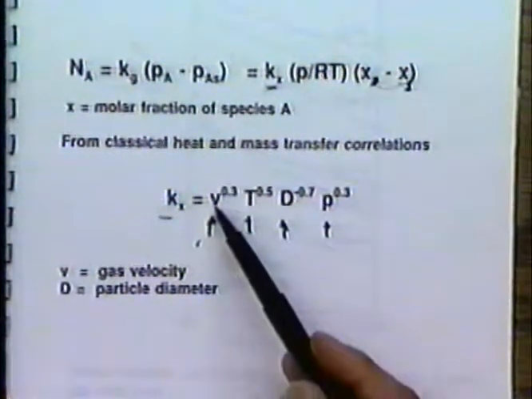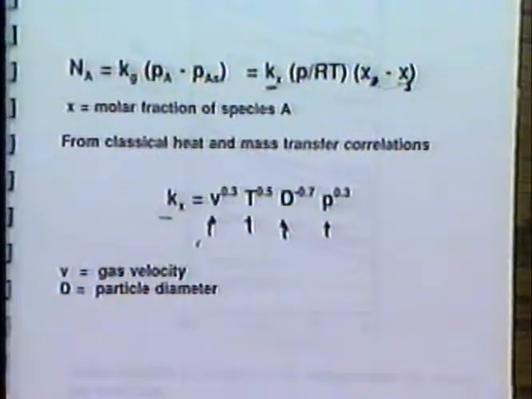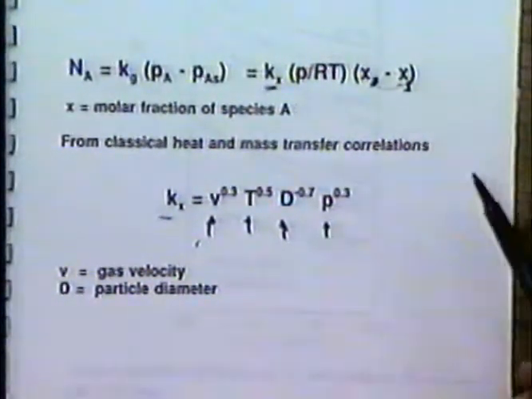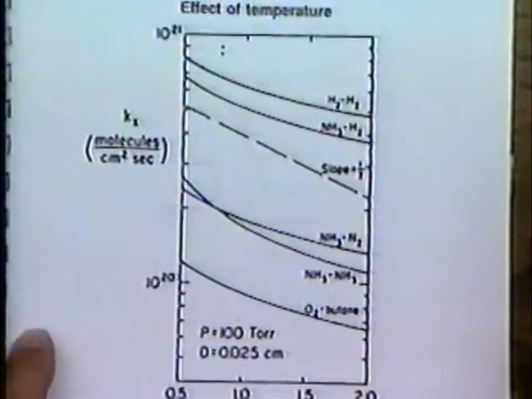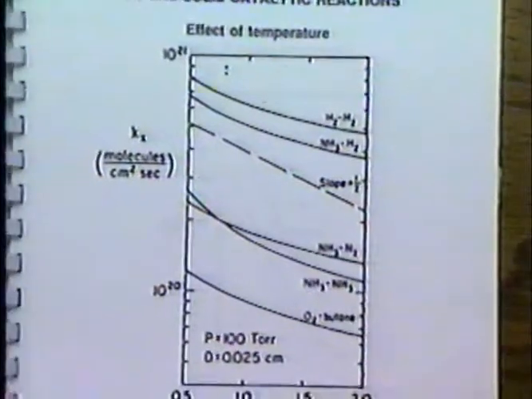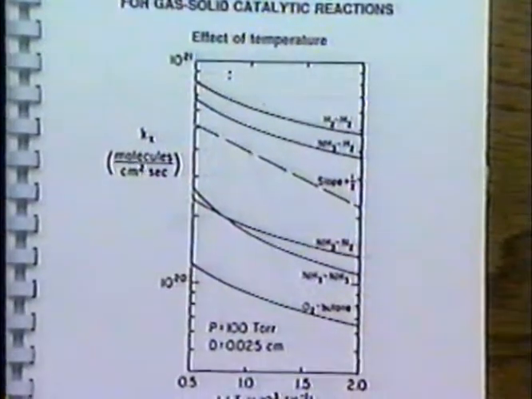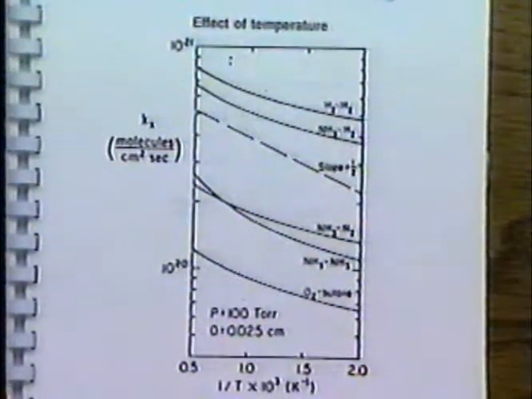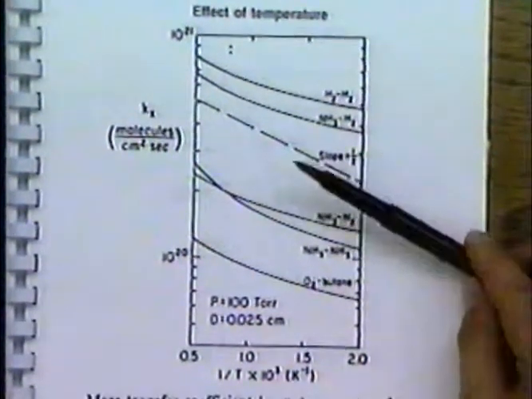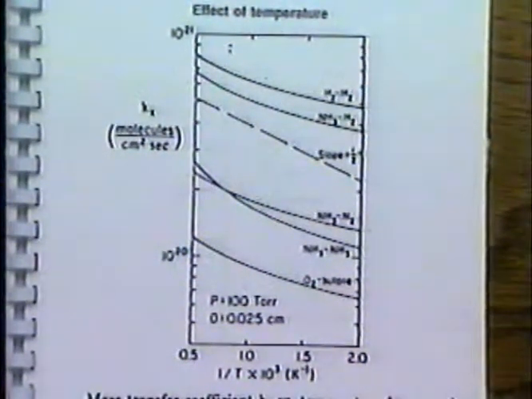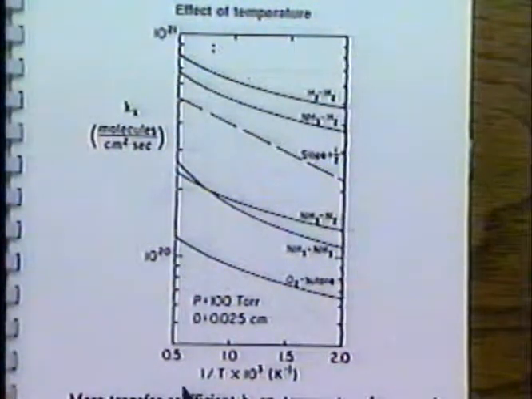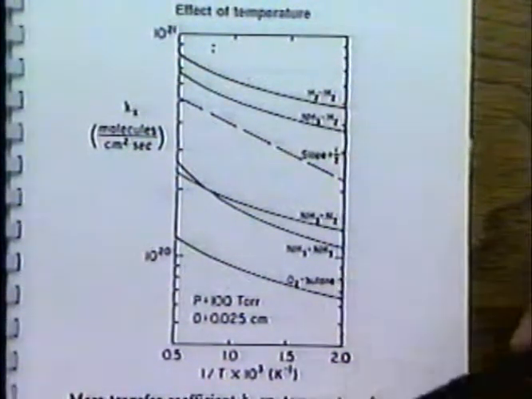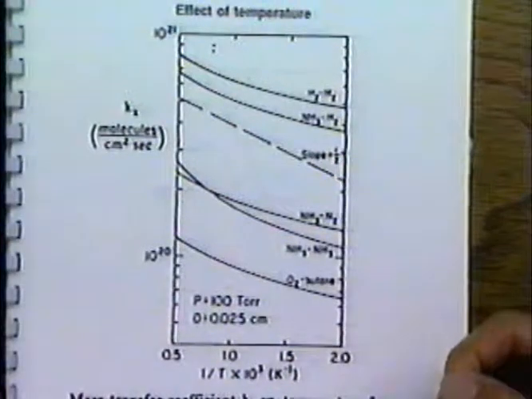We cannot increase the velocity above certain values in practice, or go to unreasonably high pressures. When we look at the effect of temperature on this mass transfer coefficient, we see that it is small, as we have said before, the activation energy for diffusion is small. Therefore, we may vary temperature and the mass transfer coefficient will not vary much.